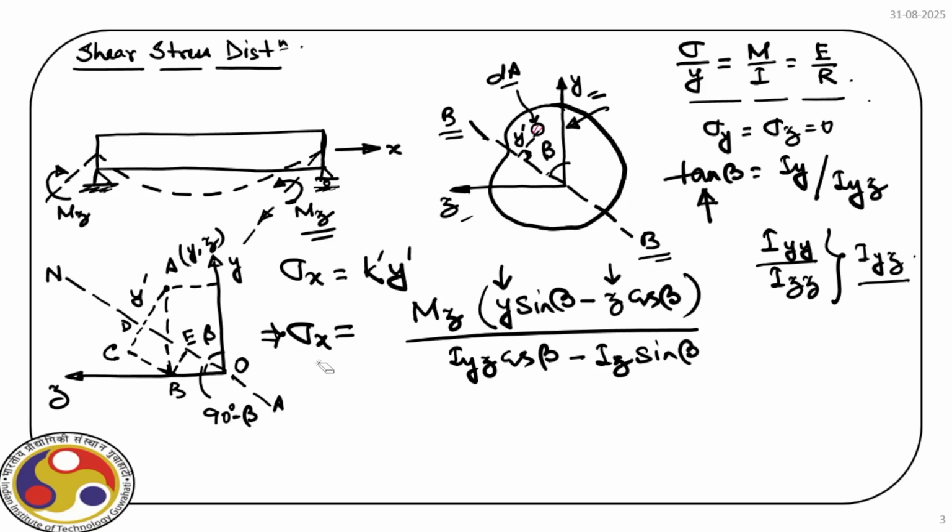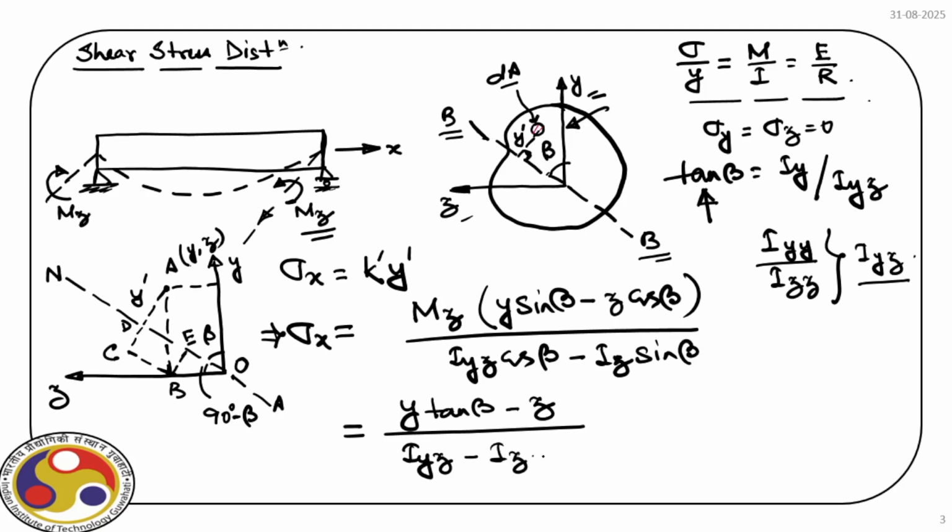Now we can actually modify this expression, because you see we have sine and cosine in numerator and denominator. So what we can do, we can write down this expression as y tan beta minus z divided by Iyz minus Iz times tan beta, and we have Mz here.